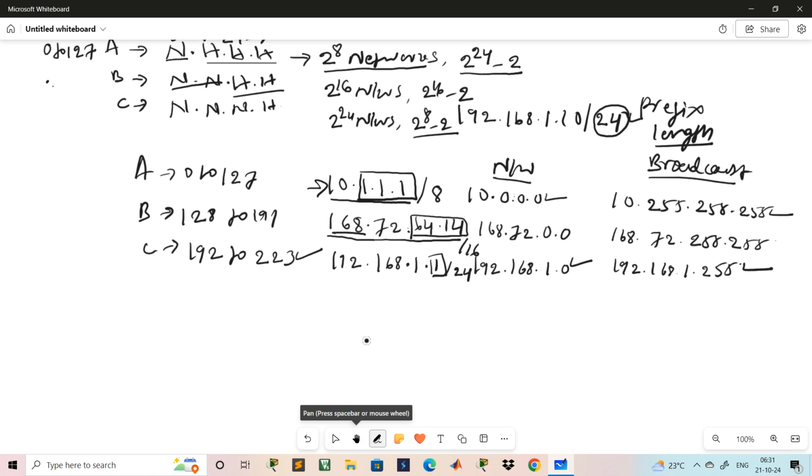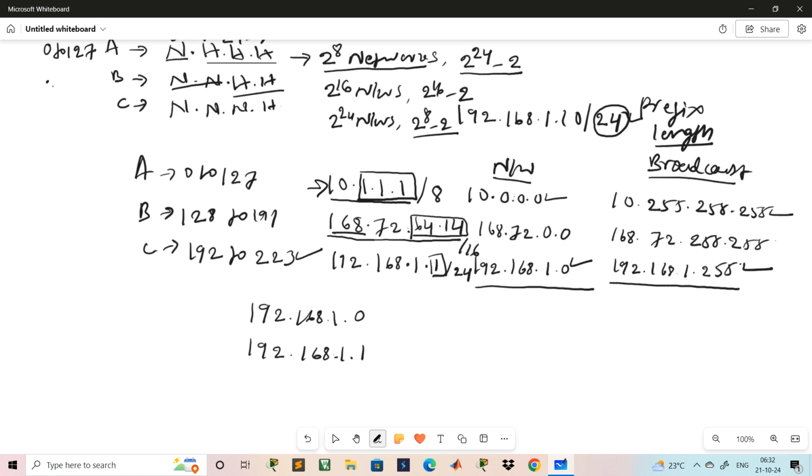For example, I'll take this class C IP 192.168.1.0. The next IP will be 192.168.1.1. So what will be the last IP?